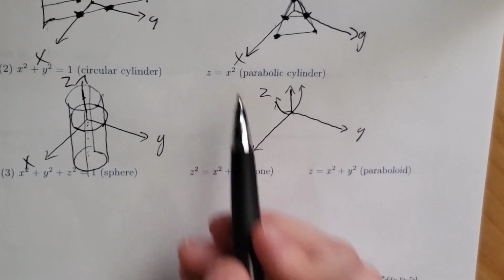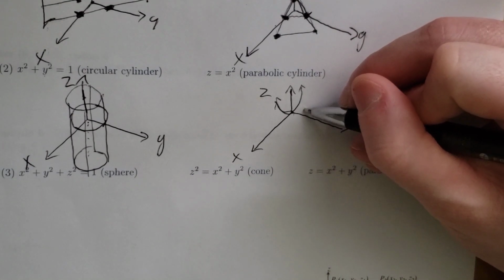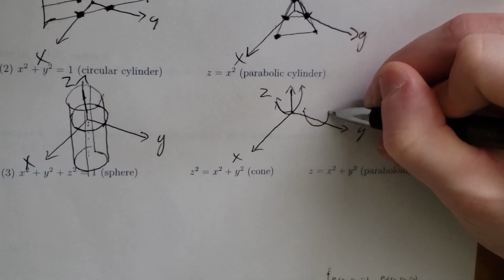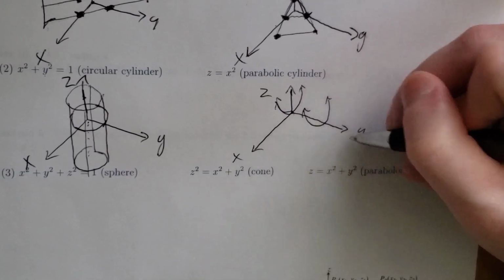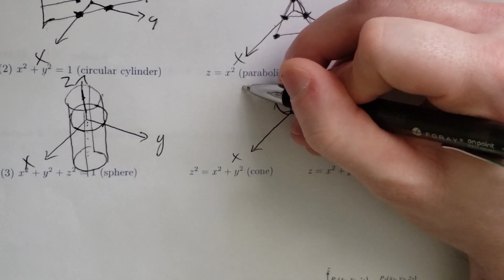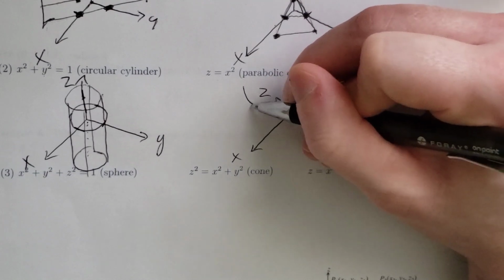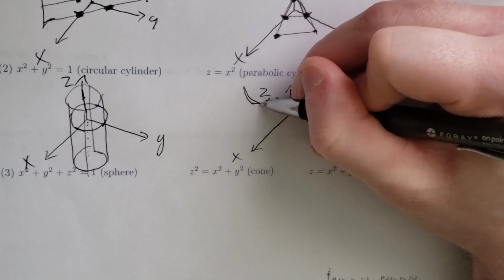But y is not in this equation, so y can be anything. So we're going to have another parabola over here, and all of them in between, and then another parabola out here. If I extend this y-axis, it goes through that point there.